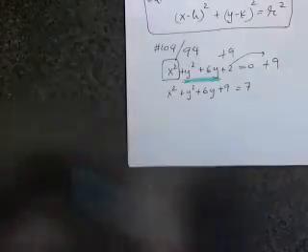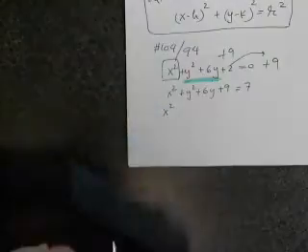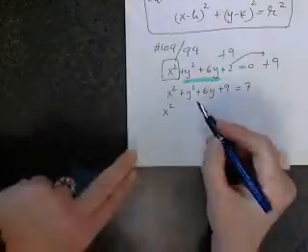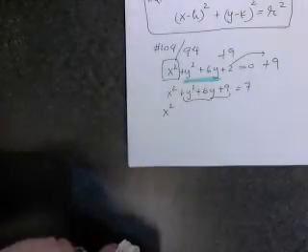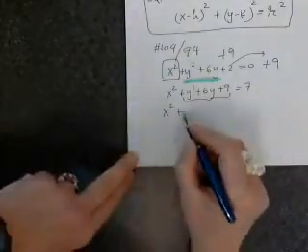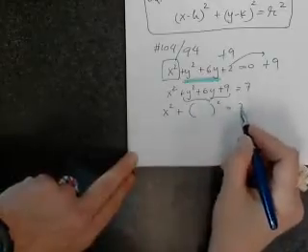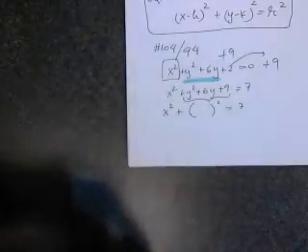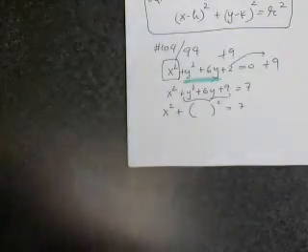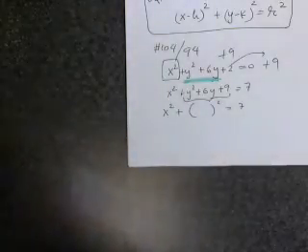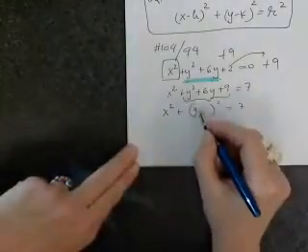Good. So the first is already completed. This is square. But what about this? What is y squared plus 6y plus 9 equal to? That's 3 squared. That's it.